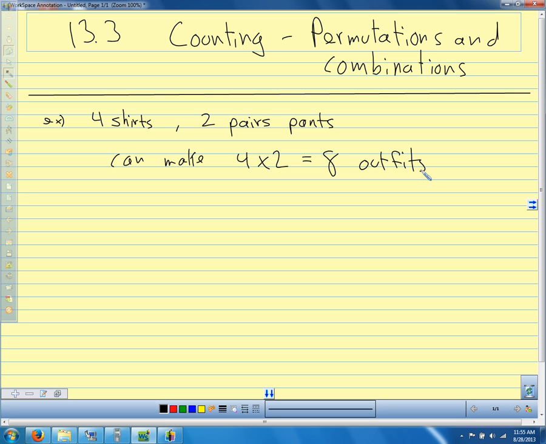And one way we can think of this, and this works for smaller numbers if you're not sure, I can make what we call a tree diagram. So for shirt 1, I could wear pair of pants 1 or 2.